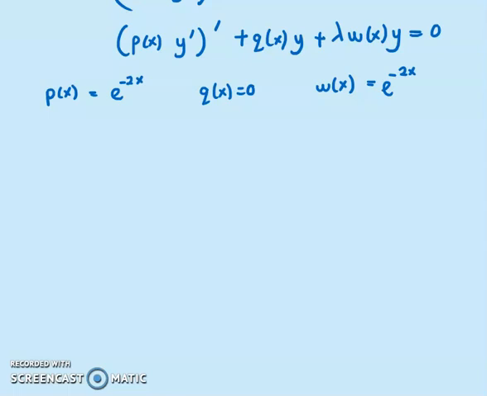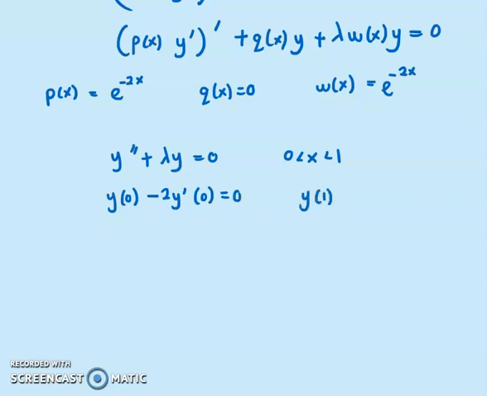There are a few things we can determine. Let's say for a given problem, y'' + lambda y = 0, where x is defined from 0 to 1, y(0) minus 2y'(0) equals 0, and y(1) equals 0.